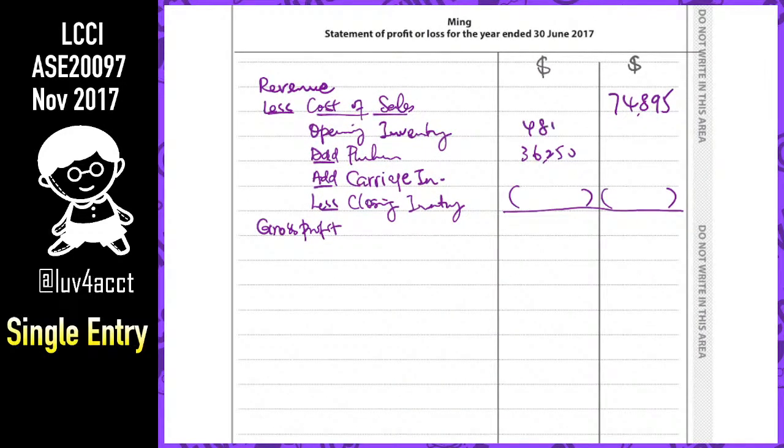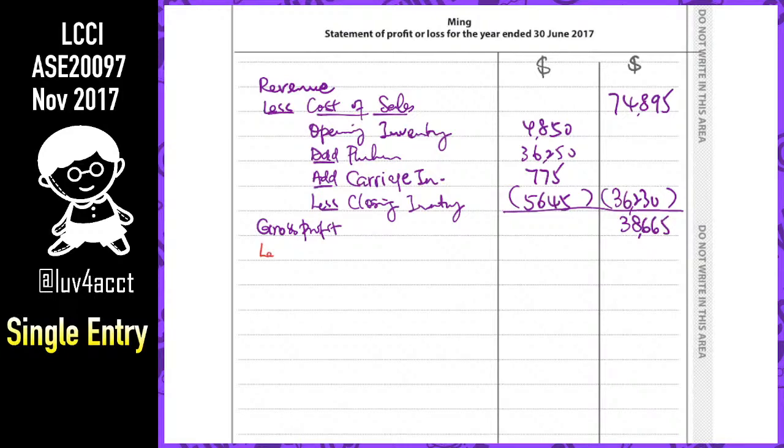Opening 4850, closing 5645, 775 for carriage in. Okay, we have 36230, then 38665.